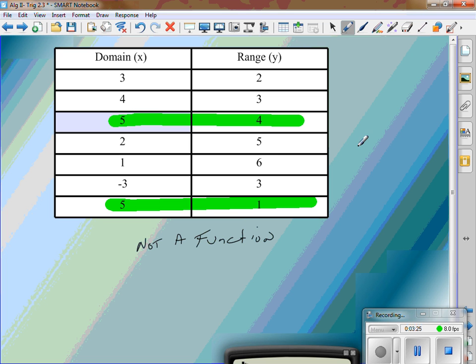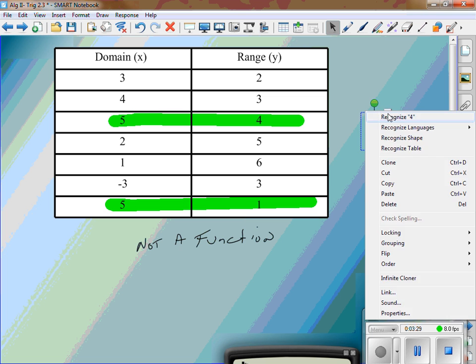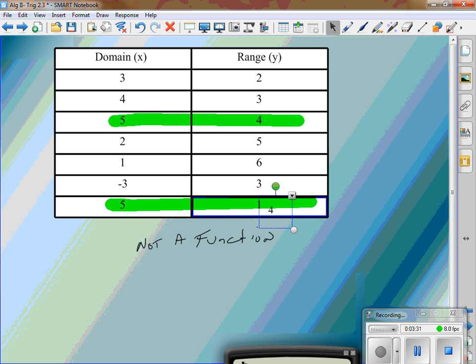Now, if I actually took right there, why is that a function? It's the same thing. 5 goes to 4, and 5 goes to 4. So once I look at it, because I had a repeat going to the same number, I'm fine.